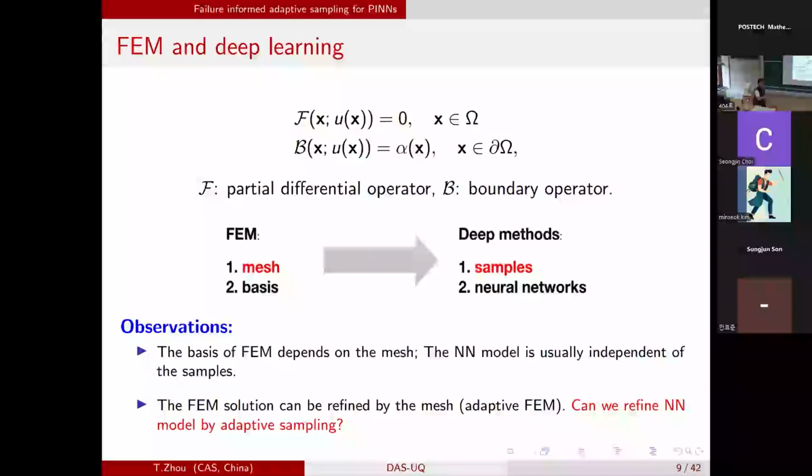You have to refine the training points. In the beginning, normally you will begin with uniformly distributed samples. But based on these samples, you can't recover the singular solutions in general. So you have to refine your training points, similar to what you have done in the finite element method.